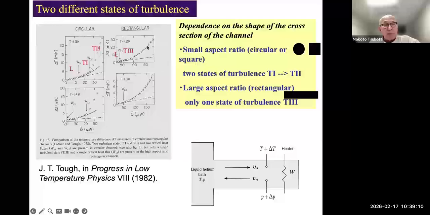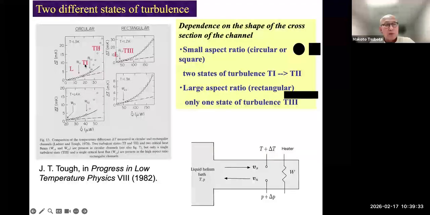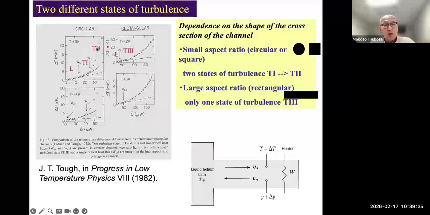The difference depends on the shape of the cross section. In a relatively small aspect ratio channel, if the channel cross section is circular or square, the experimentalists observed T1 and T2 transition.